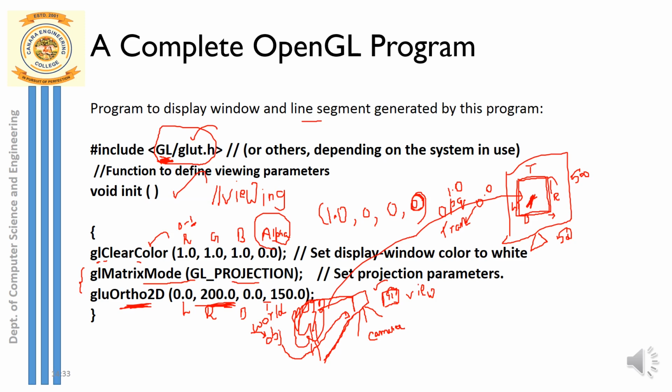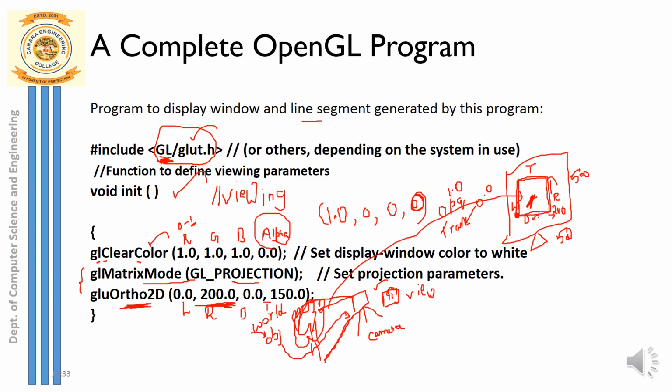I'm assuming one rectangular boundary inside the display window, and the boundary parameters are, from the left it is 0. That means you start from 0, bottom left 0. Left is 0, and then the rightmost end I'm going to take as 200. So horizontally along the x-axis, up to 200 pixels I can generate inside the display window. From the bottom again the third parameter is 0.